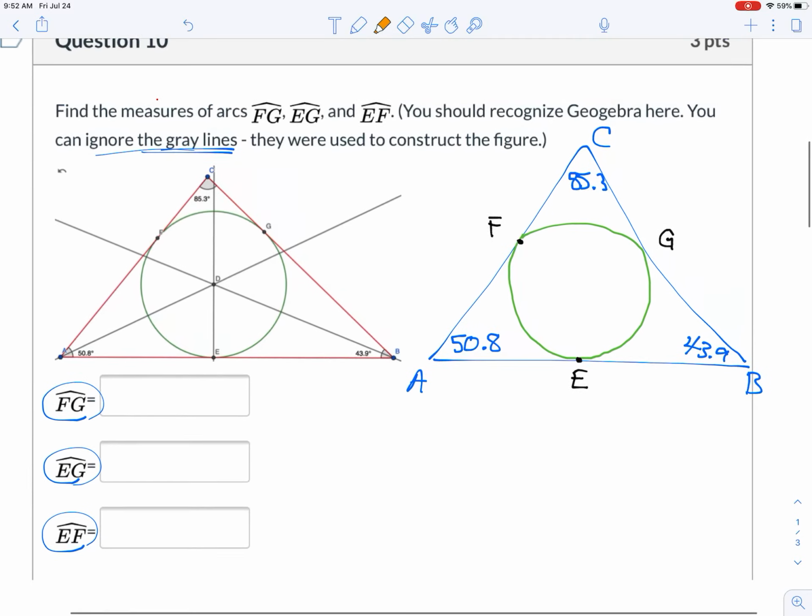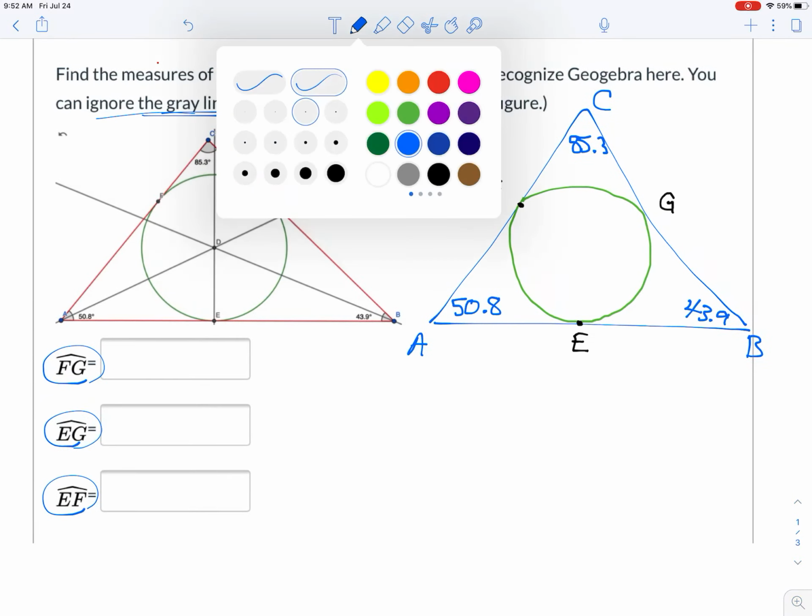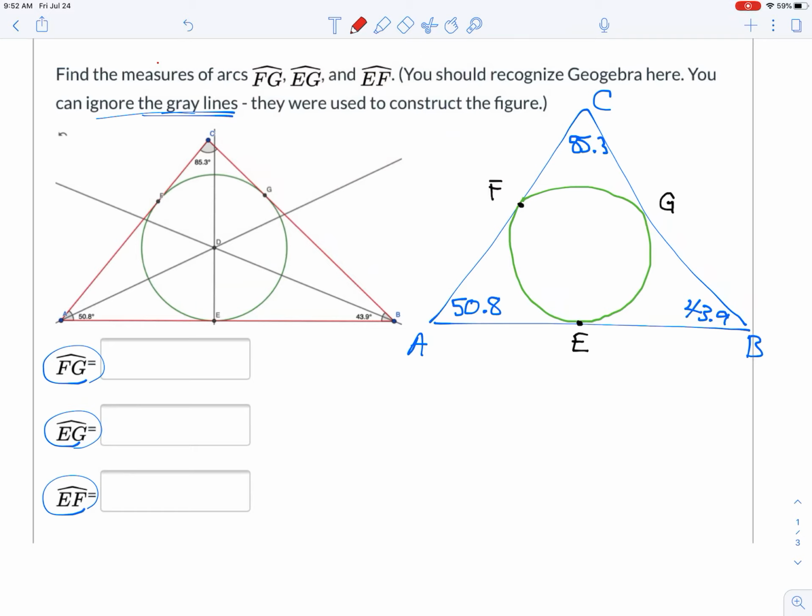But for this one, you need this relationship. Let's picture the picture. Let's say we've got a circle and we've got two tangents coming off it that meet outside the circle. Let's call this measure of angle 1.